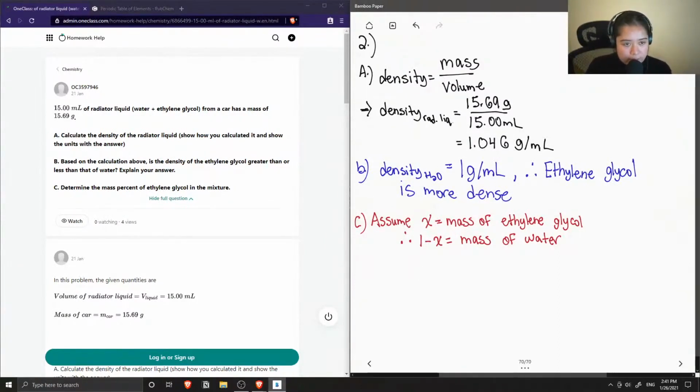So now let's plug it into this equation where we know we're trying to determine the mass percent of ethylene glycol in the mixture. So first we need the density of pure ethylene glycol.